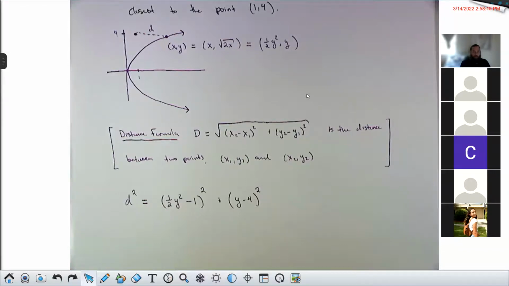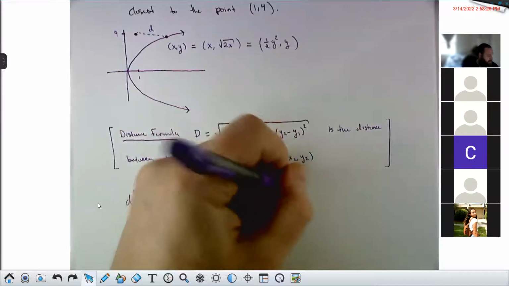And then a nice trick here. If you want to minimize d, it suffices to minimize d squared. In other words, I can minimize this thing, and that will minimize the distance.